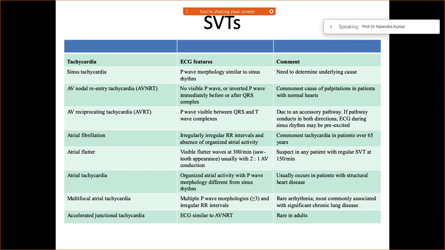Then comes AVRT, which is happening mostly due to an accessory pathway. Atrial fibrillation is especially seen if someone is aged.